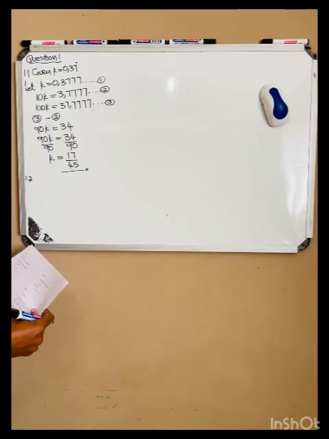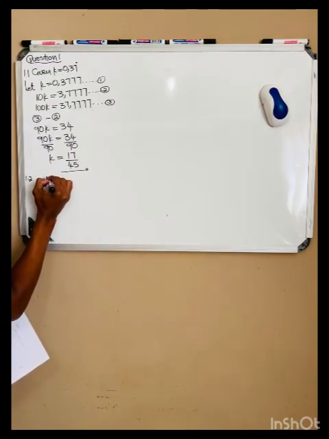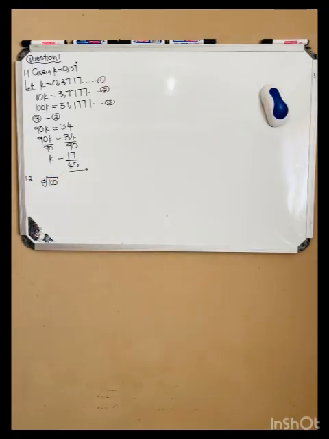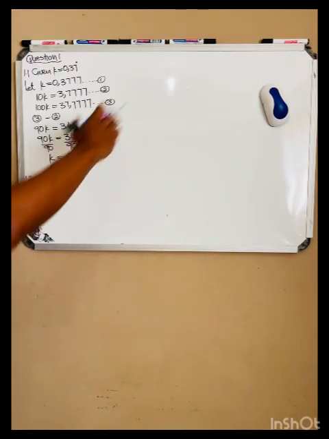Then 1.2. Between which two consecutive integers does the cube root of 100 lie? Remember, the word consecutive means we follow each other. We know that the cube root of 100 is 4 point something. So here, you're going to find the cube root from 100 going down and the cube root from 100 going up.